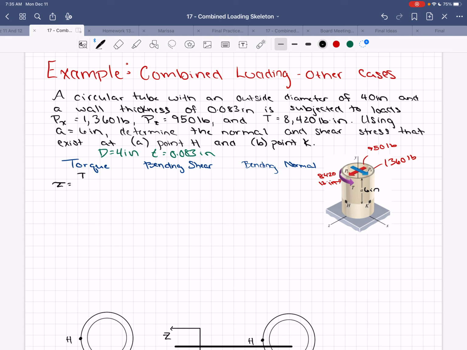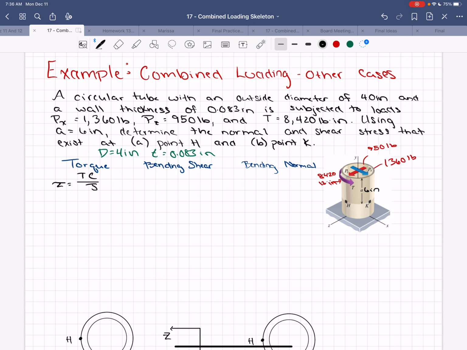Shear stress equals that torque, which is a moment, so in this case we'll plug in the 8,420 pound inches, times c, that's the distance from the center, and we want the maximum, so all the way to the outside, all over J.